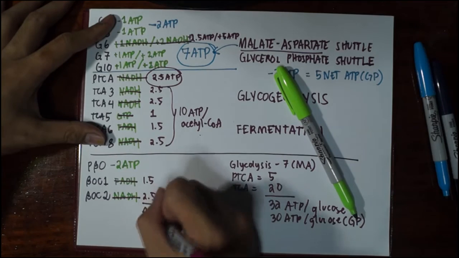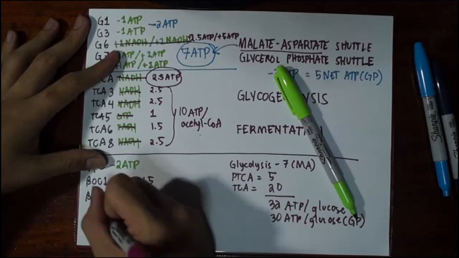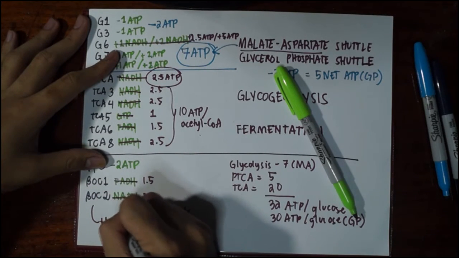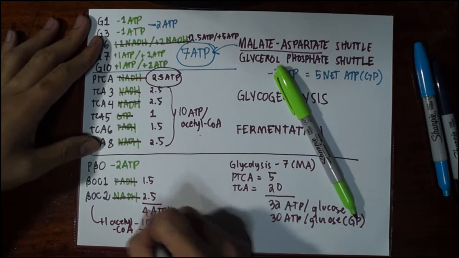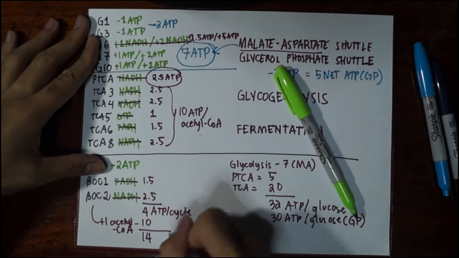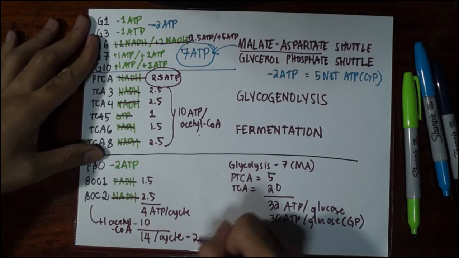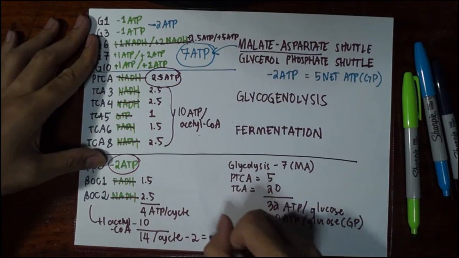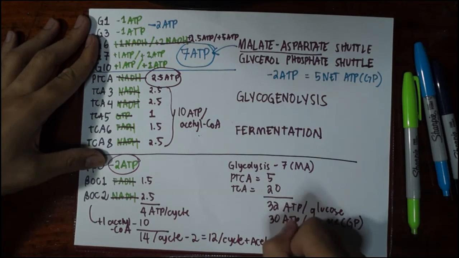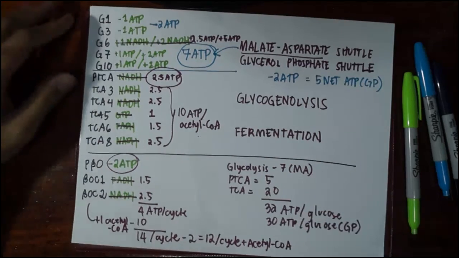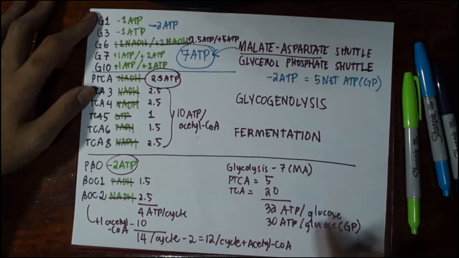So, for every cycle, we have 4 ATP per cycle. But remember that in every cycle, we yield 1 acetyl-CoA. So if 1 acetyl-CoA yields 10, each cycle is supposed to give us a total of 14. But then again, the net would be reduced by 2 due to this. So that's a total of 12 per cycle plus 8 acetyl-CoA. You can play with the numbers all you want, but the values are already listed down.